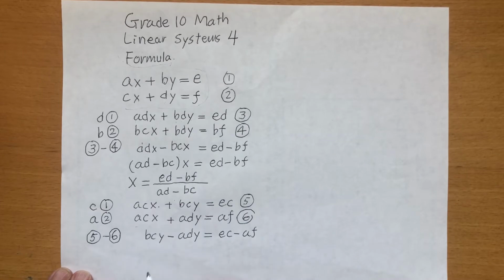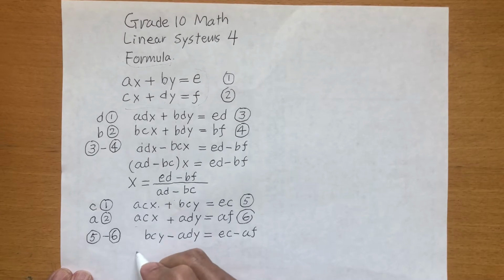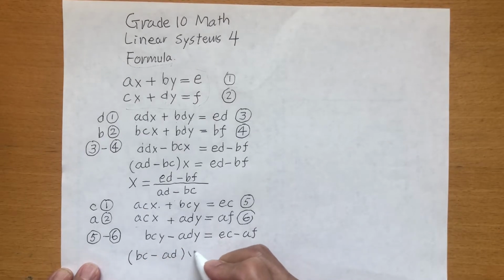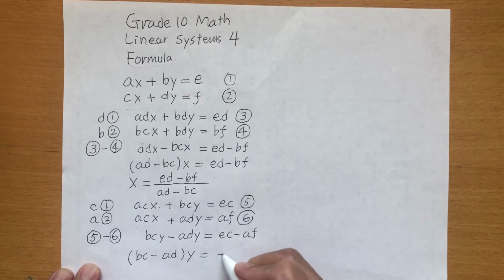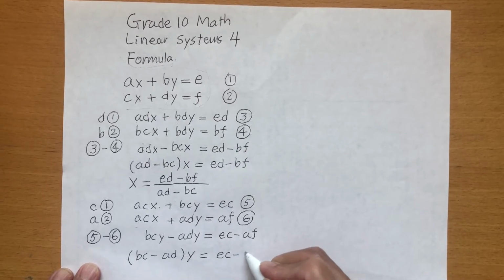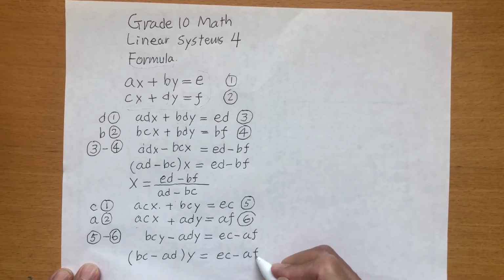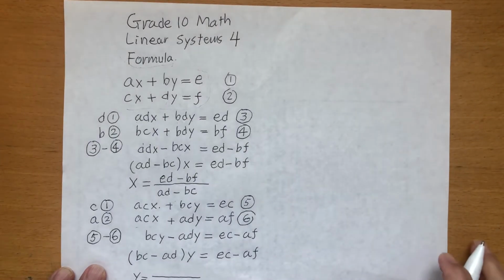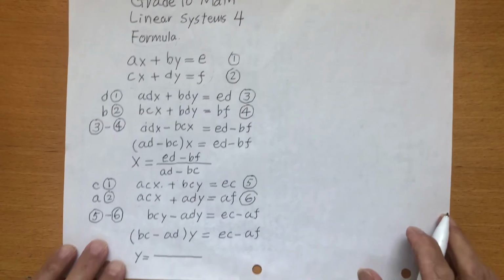The left side can be simplified by factoring out Y. So BC minus AD, bracket, Y equals EC minus AF. So my Y is a fraction.